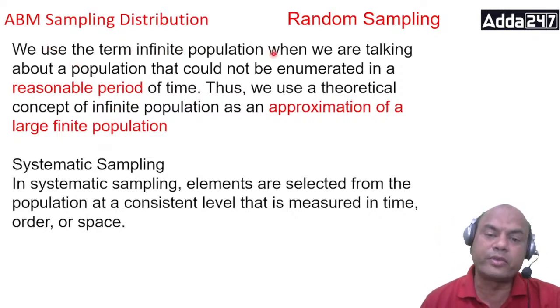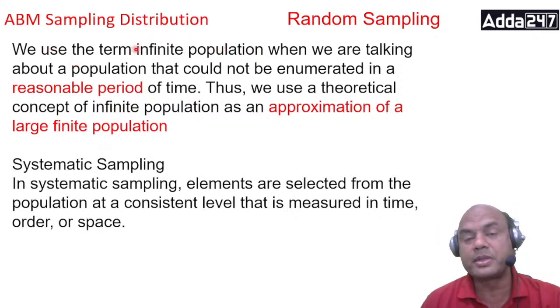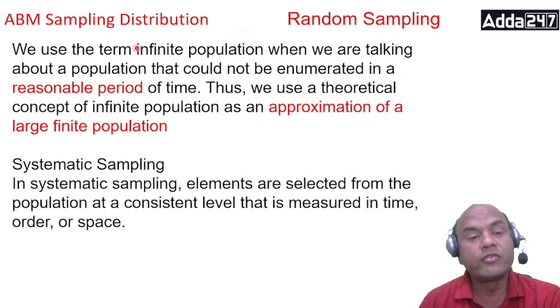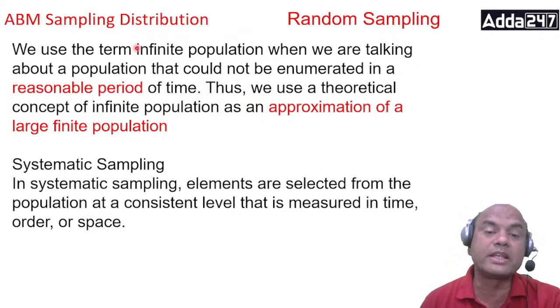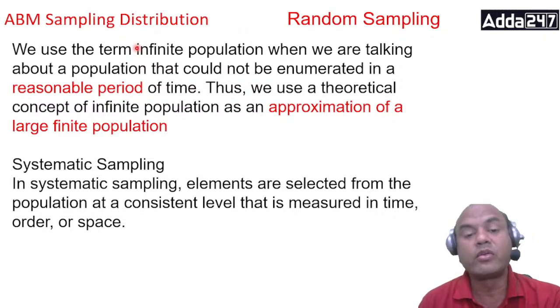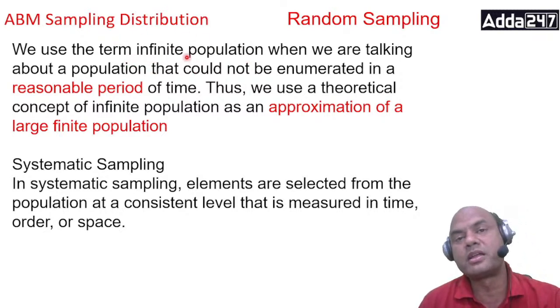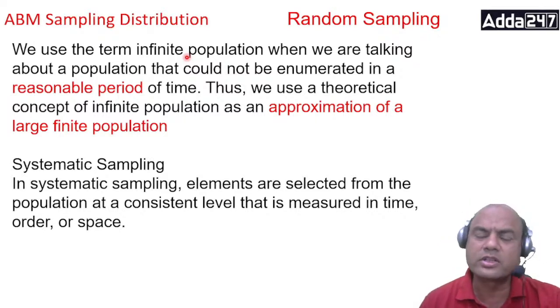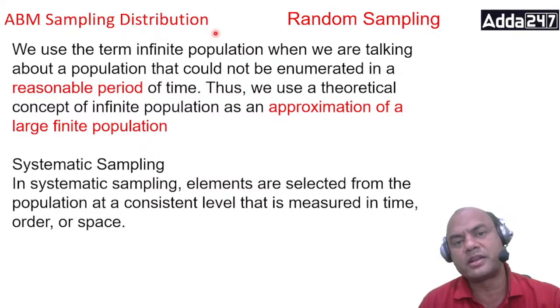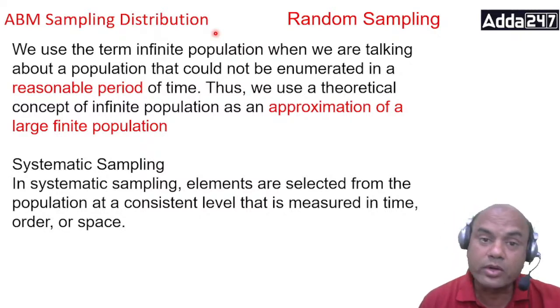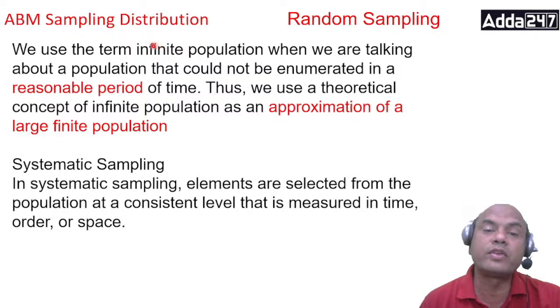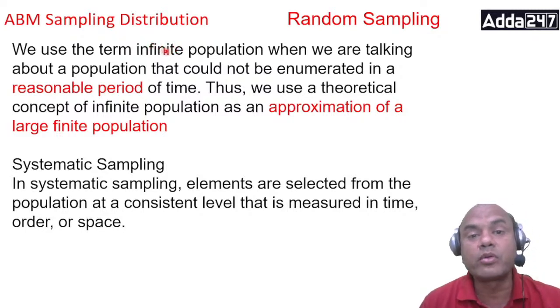We use the term infinite population now because this term is asked in the exam. It refers to a population that cannot be enumerated in a reasonable time period. What do you mean by infinite? Suppose I say 1 lakh population, I can call that infinite. I say 1 crore population, I can call that infinite too, although it is countable. The real meaning of infinite is which cannot be counted.